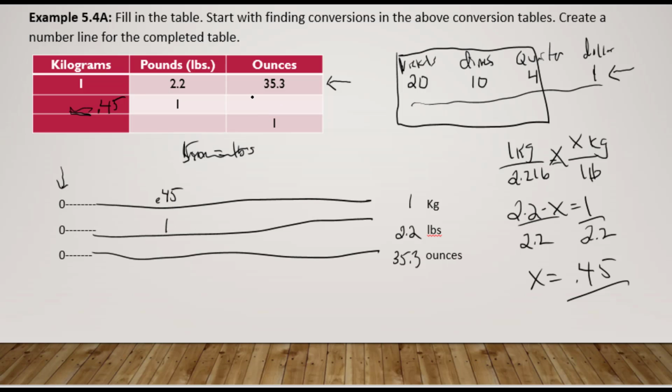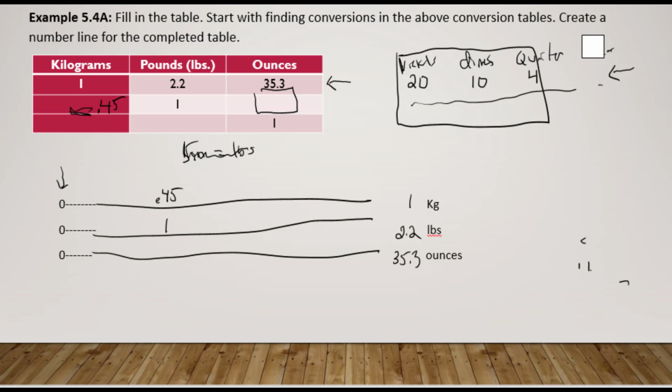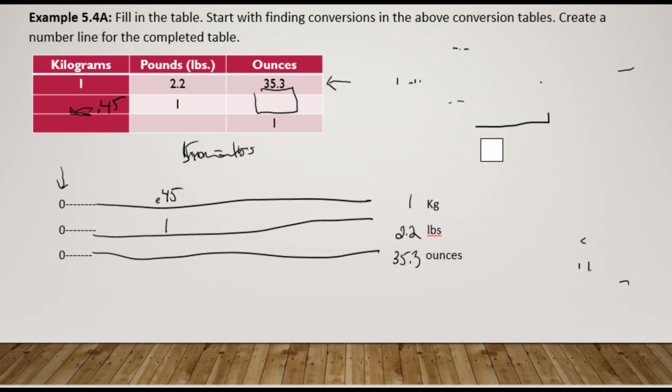And now I want to find out how many ounces that is. So I know that 2.2 pounds, and let me erase this. I'm going to find out how many ounces there are in 1 pound.